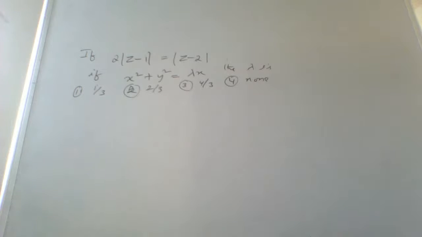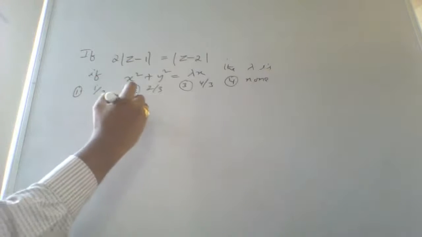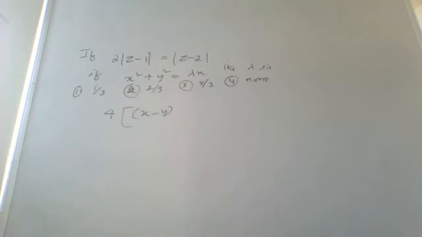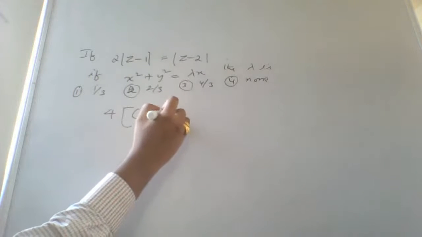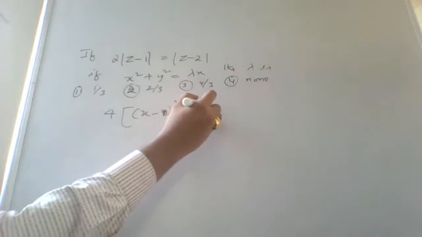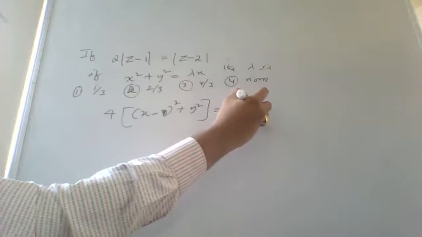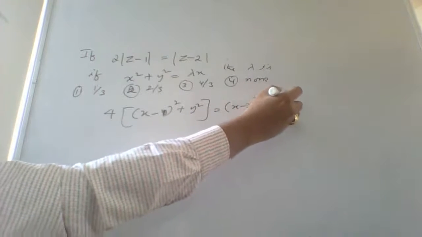Now, if I square this on both sides of the equation, z is x plus iy. So I get 4 times (x minus 1) whole square plus y square, which is equal to (x minus 2) whole square plus y square.